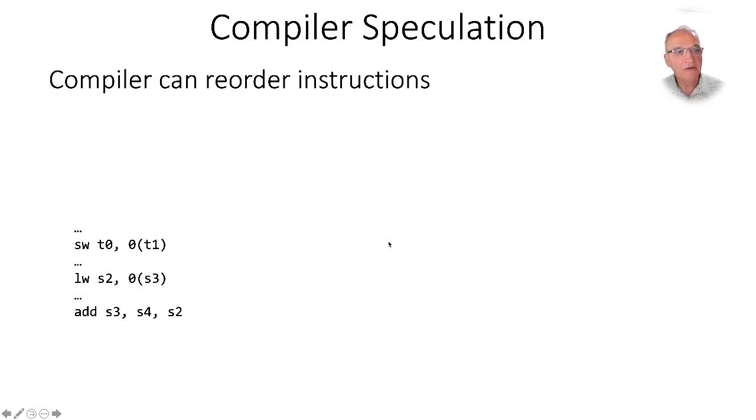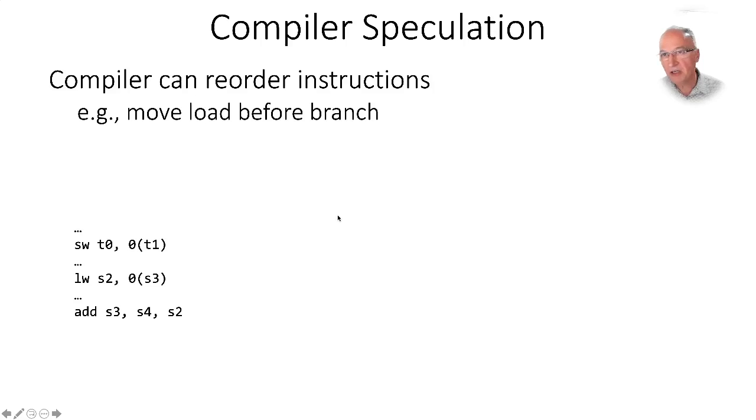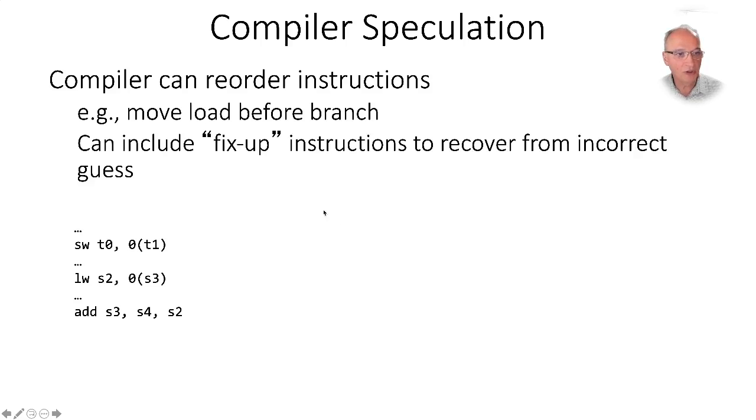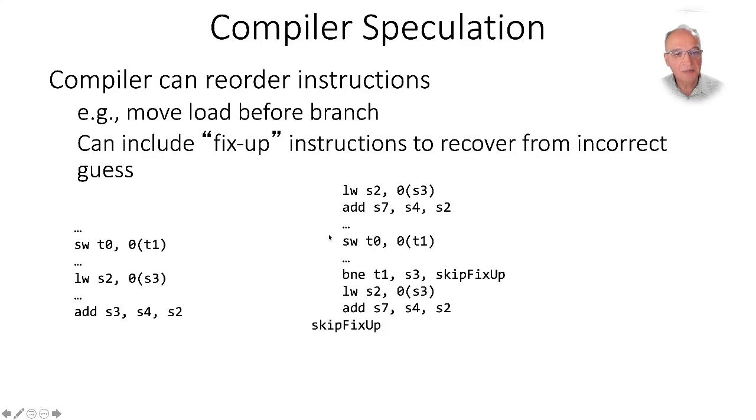I may have a compiler reorder the instructions, for example, move the load before a branch or move the load before a store, and then include a fix-up instruction. In this case, this is moving the load before the store, but I could also be moving the load before a branch in the case of a control flow dependence.